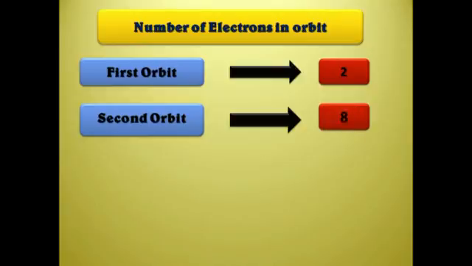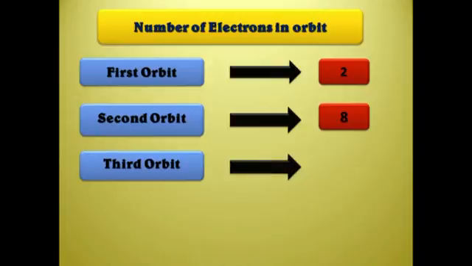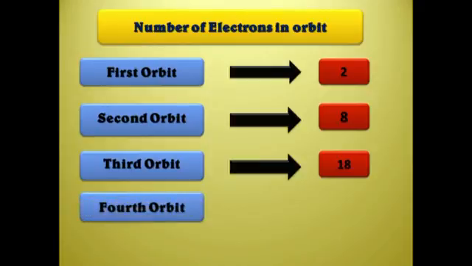In the third orbit, the maximum number of electrons is 18. In the fourth orbit, the maximum number of electrons is 32. So friends, we can easily learn about the maximum number of electrons in a particular orbit by this diagram.